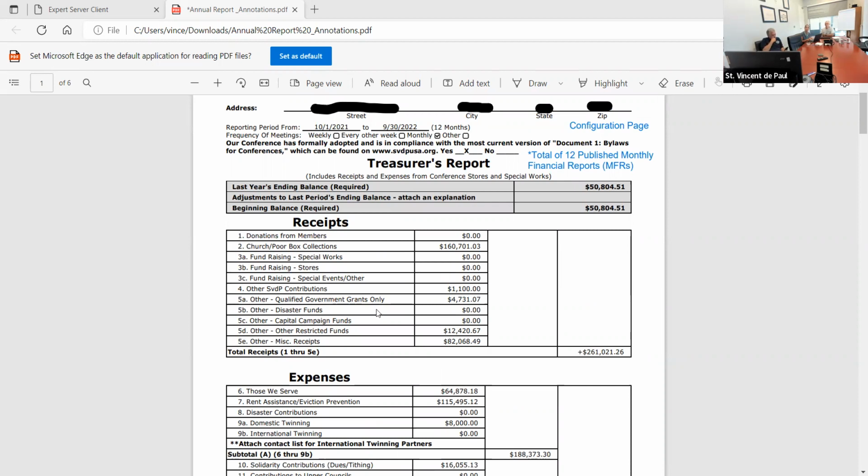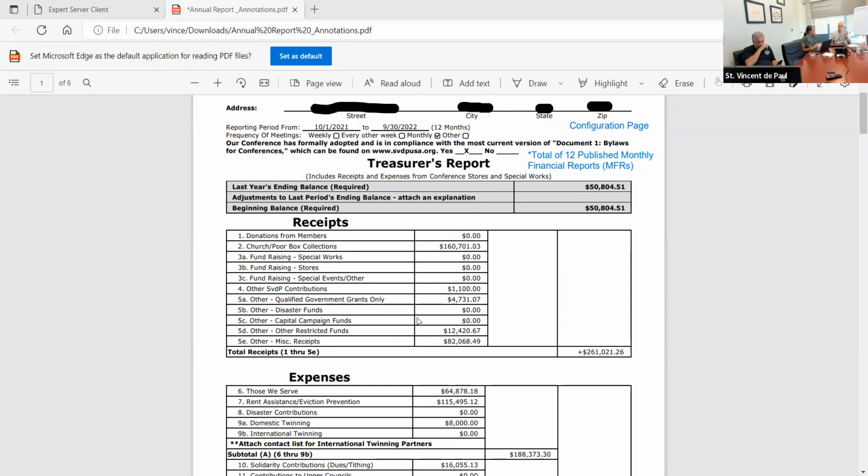As a treasurer, you can create a spreadsheet if you wanted to. I've seen some treasurers do this, and then they balance this back to their spreadsheet, which basically is a byproduct of the MFRs each and every month. I don't think you need to do that because very seldom do I get any questions here.